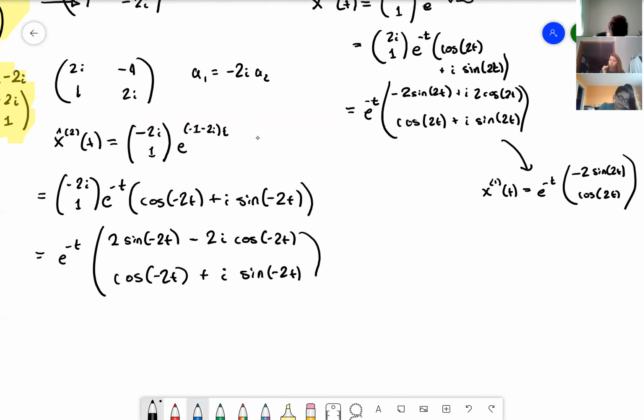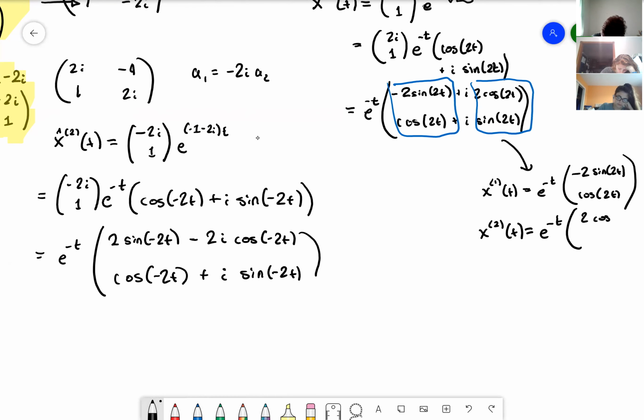That's e to the minus t times this part, and the other one will be e to the minus t times this part, the imaginary part. So that's x2 of t is equal to e to the minus t, 2 cosine 2t, sine 2t.